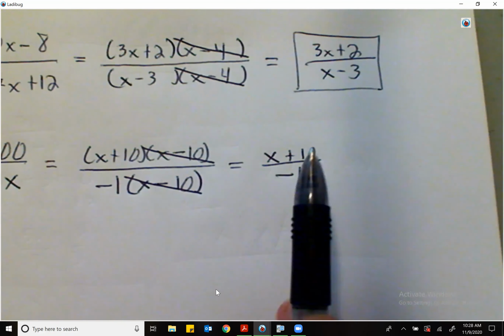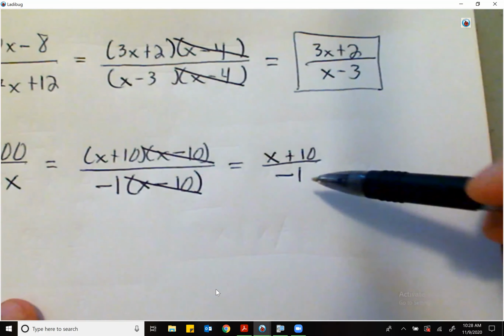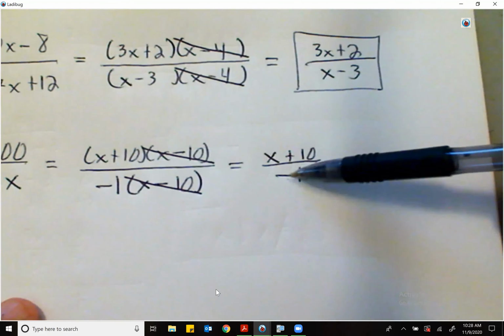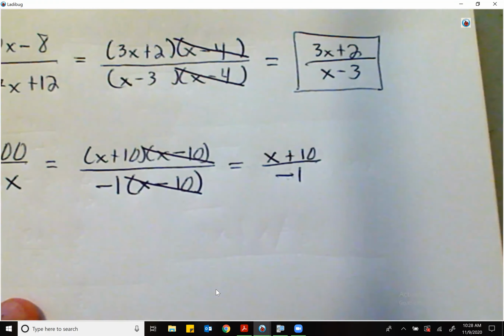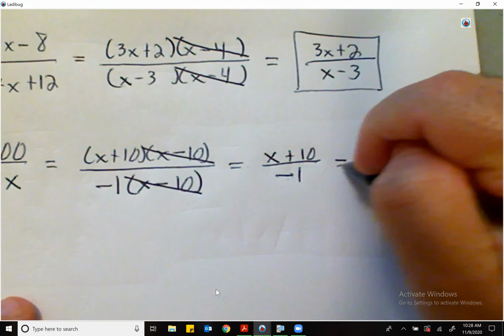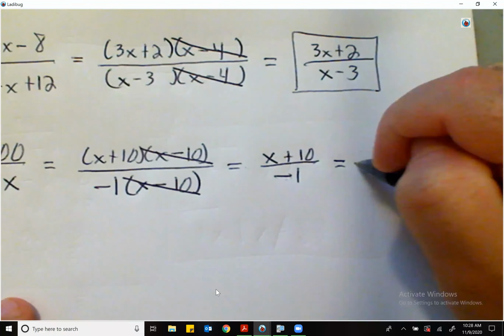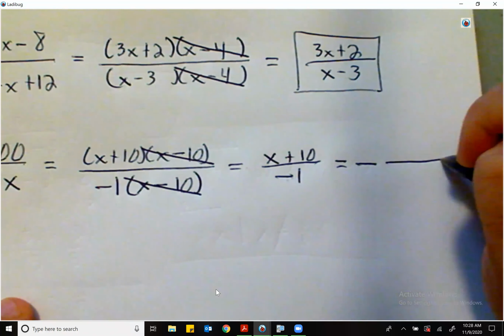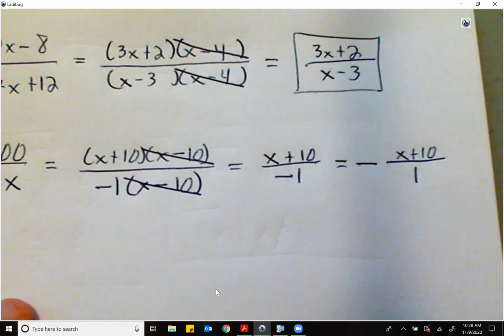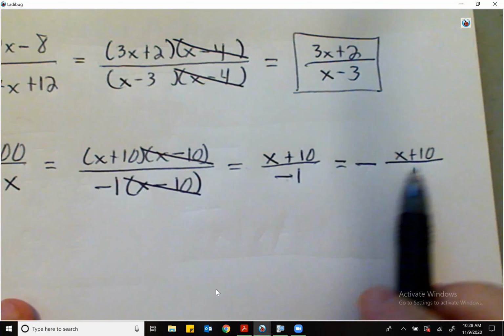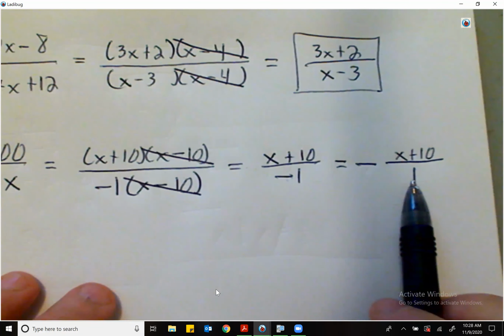Don't get me wrong, this is just fine because the negative could go in the denominator or out front or up top. So if you really wanted to, you could put the negative out front. Although technically we don't really put the 1 in the denominator if it's positive.